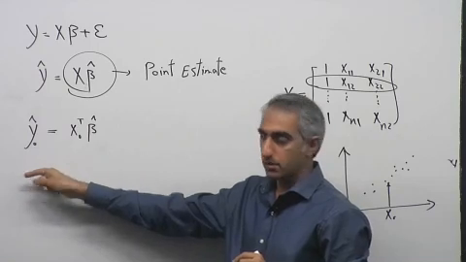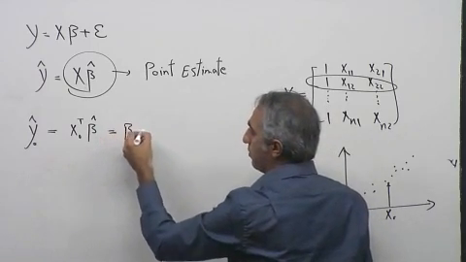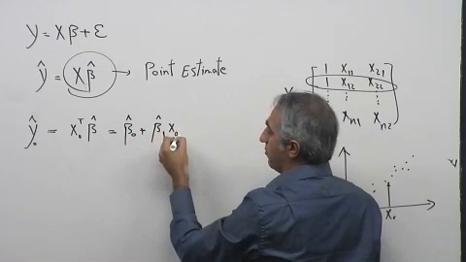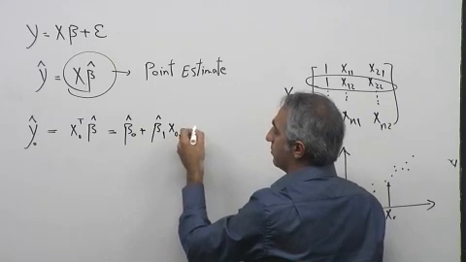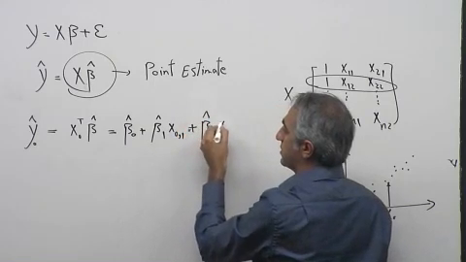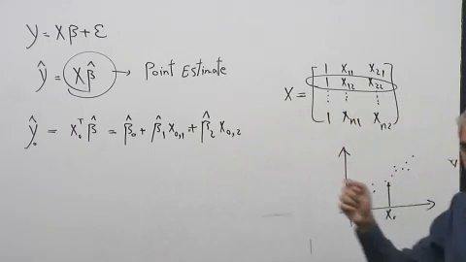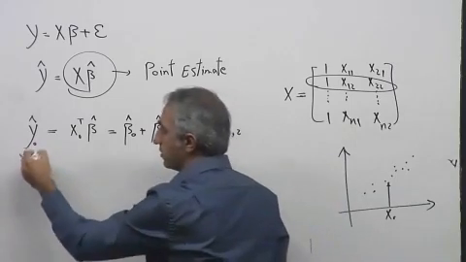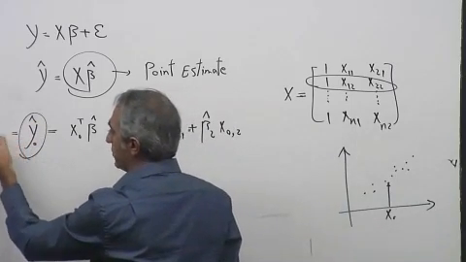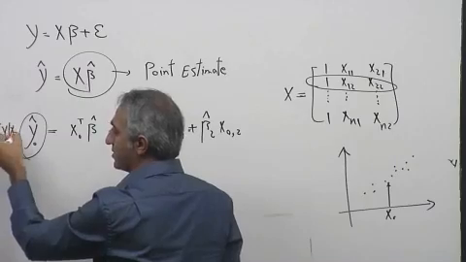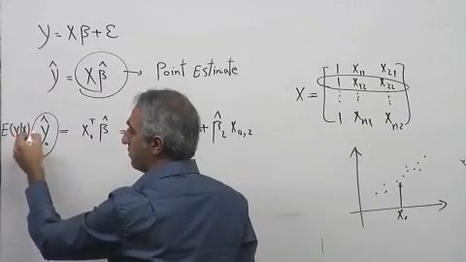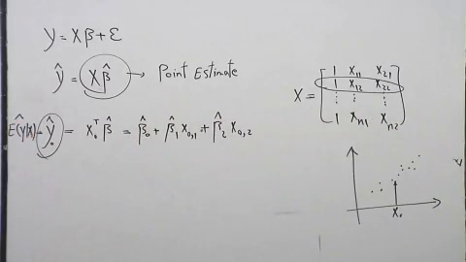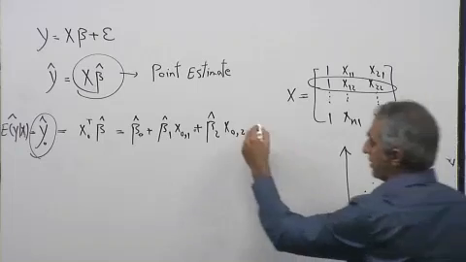Or this is the same as saying beta hat 0 plus beta hat 1 x0 1 plus beta hat 2 x0 2. That's the same thing. Okay? So what is this? This is a point estimate. And you remember I said point estimate of y given x, because regression is y given x. So we are estimating this mean. This is a point estimate.